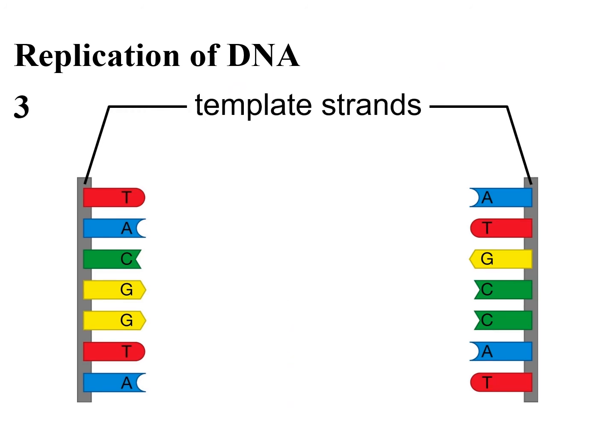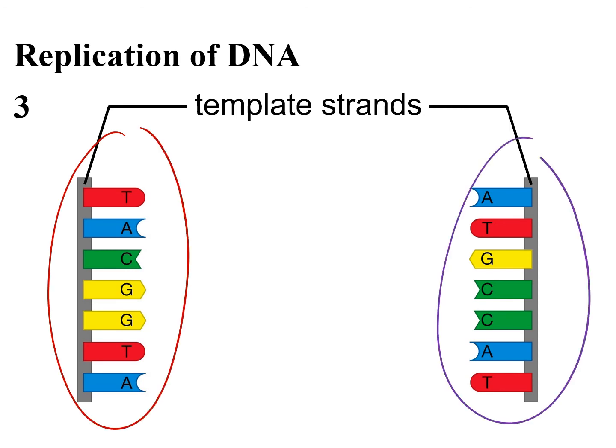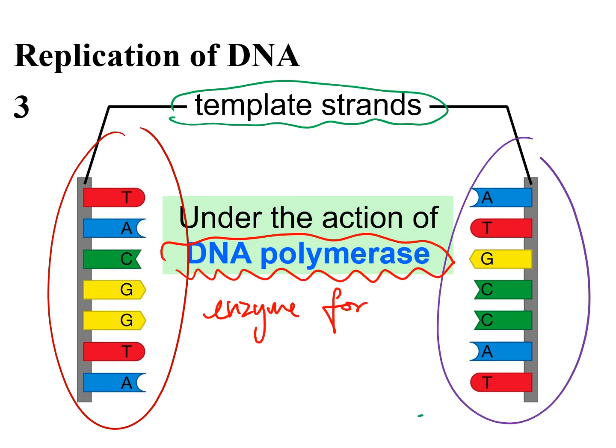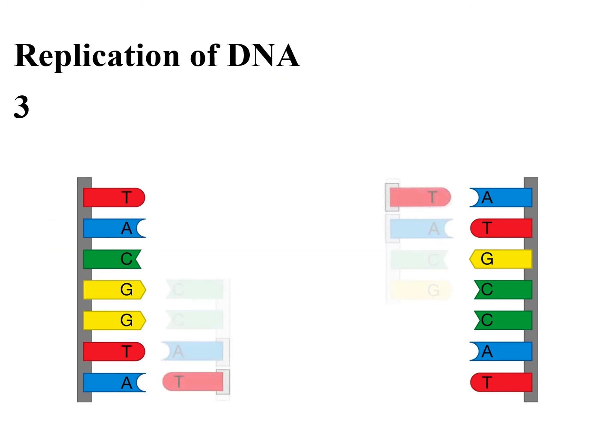After the separation, the DNA strand on the left and the one on the right will both act as the template strand. With the help of DNA polymerase, an enzyme for joining nucleotides, these DNA polymerases will help to join some new nucleotides onto these template strands.